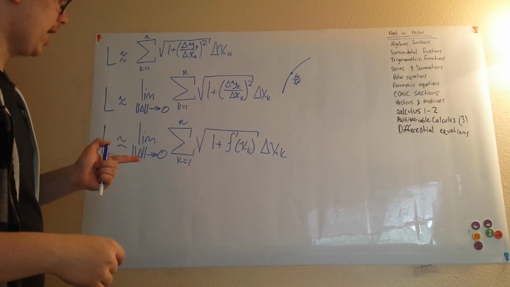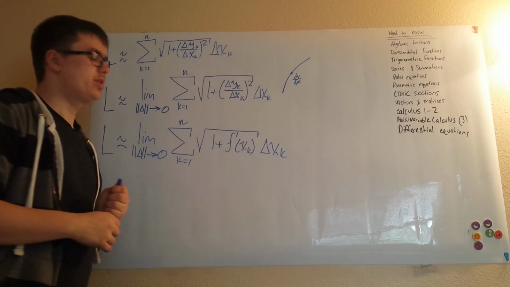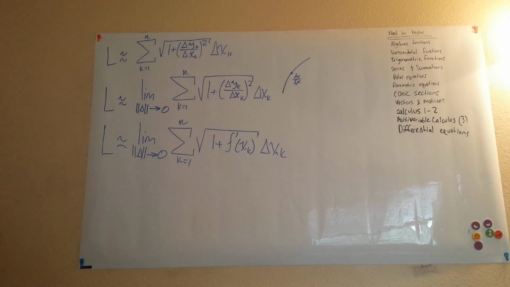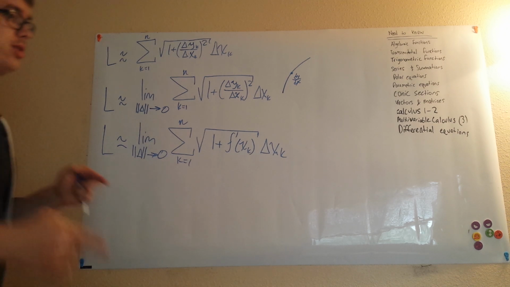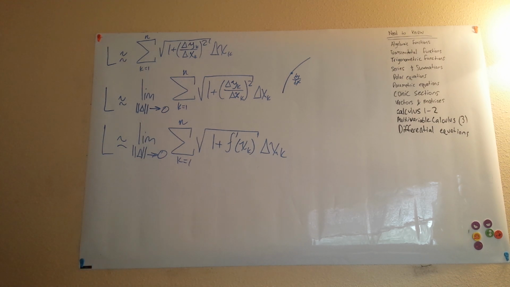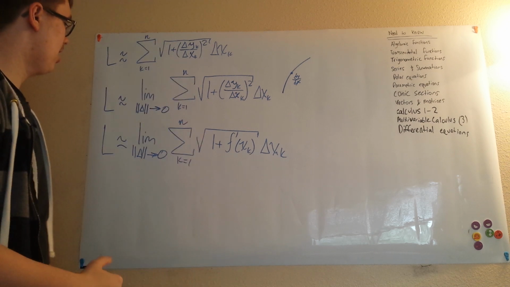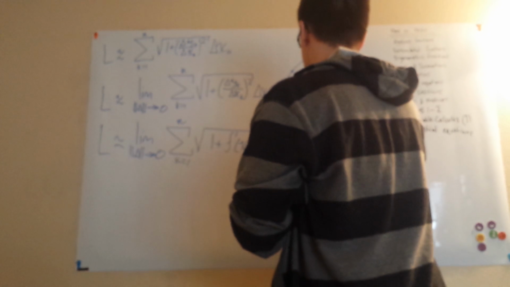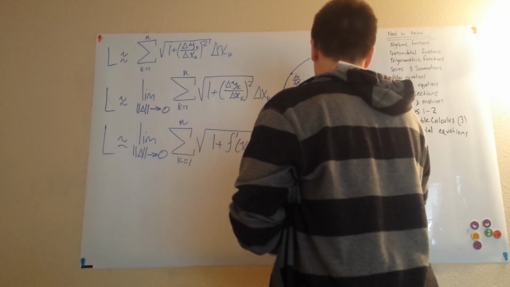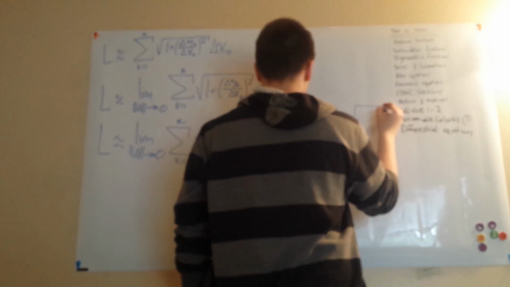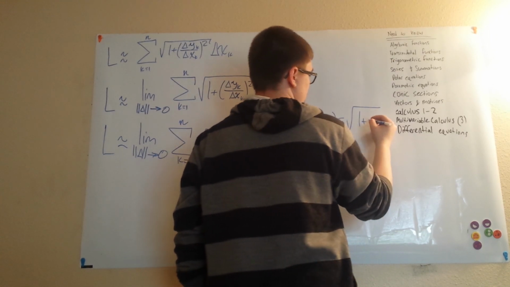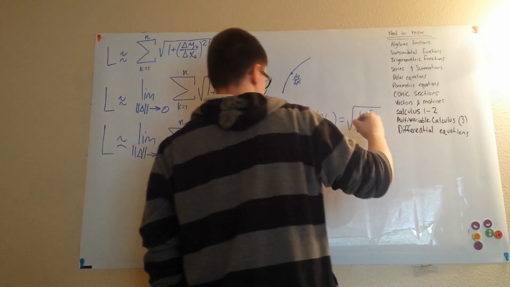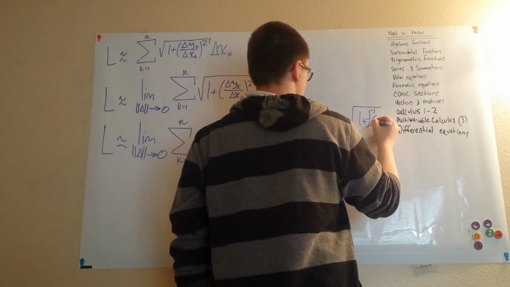Oh, wait. Let's do a substitution here. If we have g of x sub k equals the square root of 1 plus f prime.